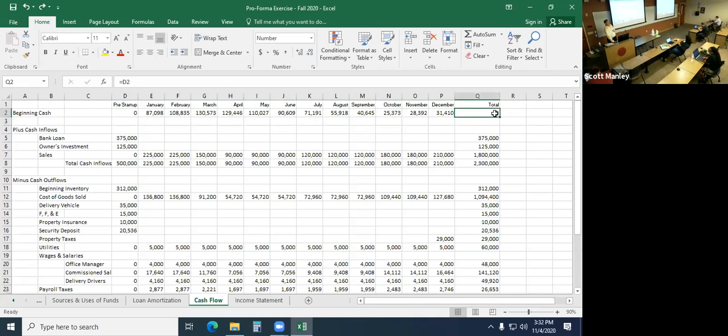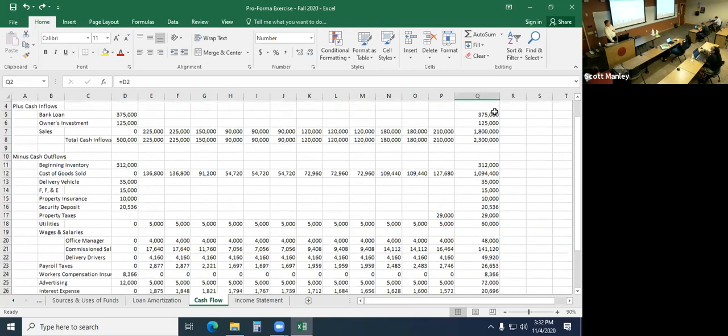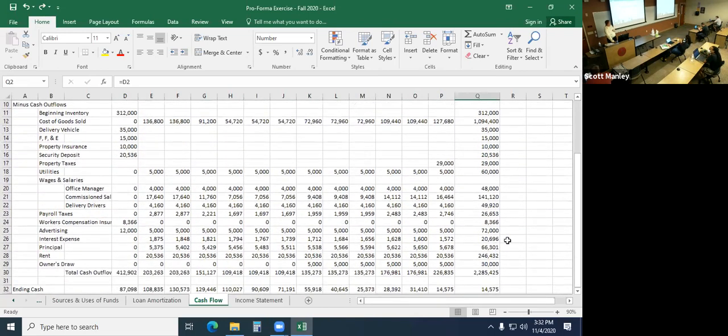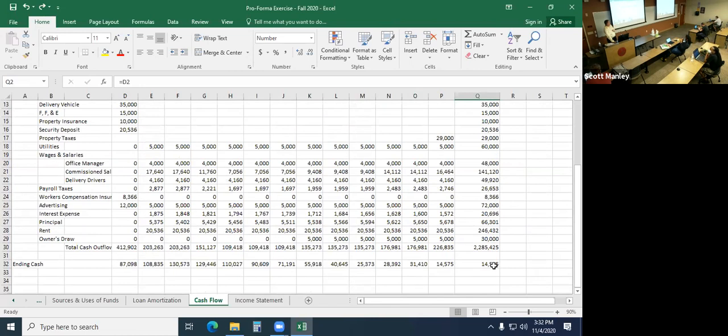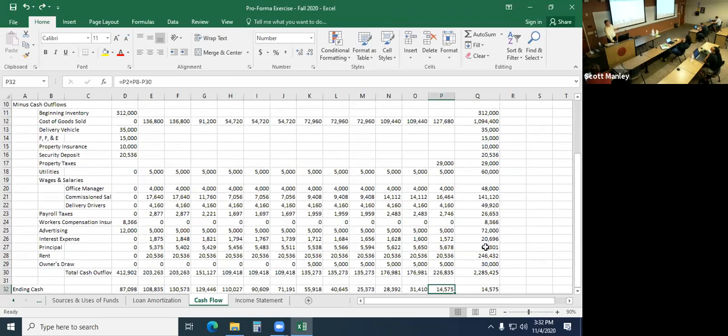It may or may not be somebody on a Zoom feed right now. Hint, hint, wink, wink, nod, nod. But remember, what we're shooting for is our December ending cash should be equal to our total ending cash. And if you don't have that right, that's the problem.